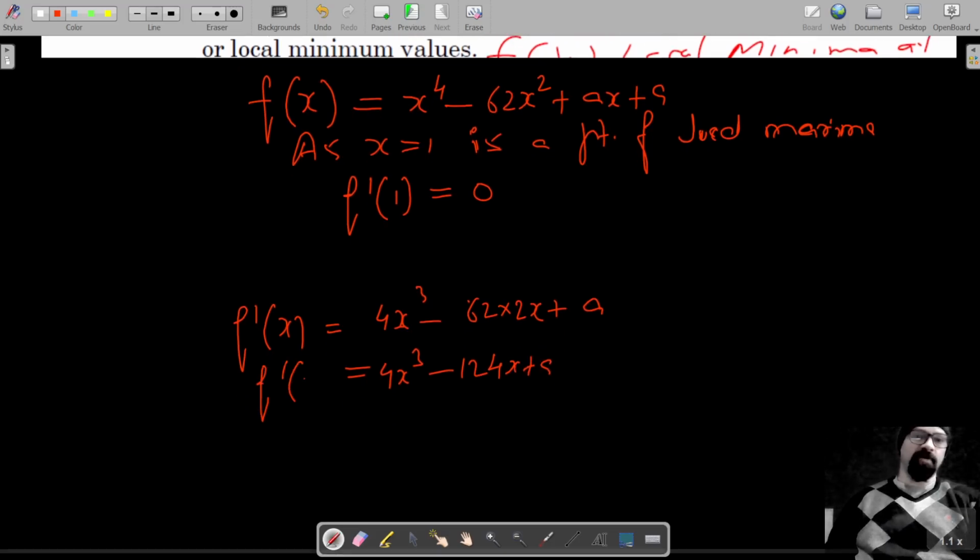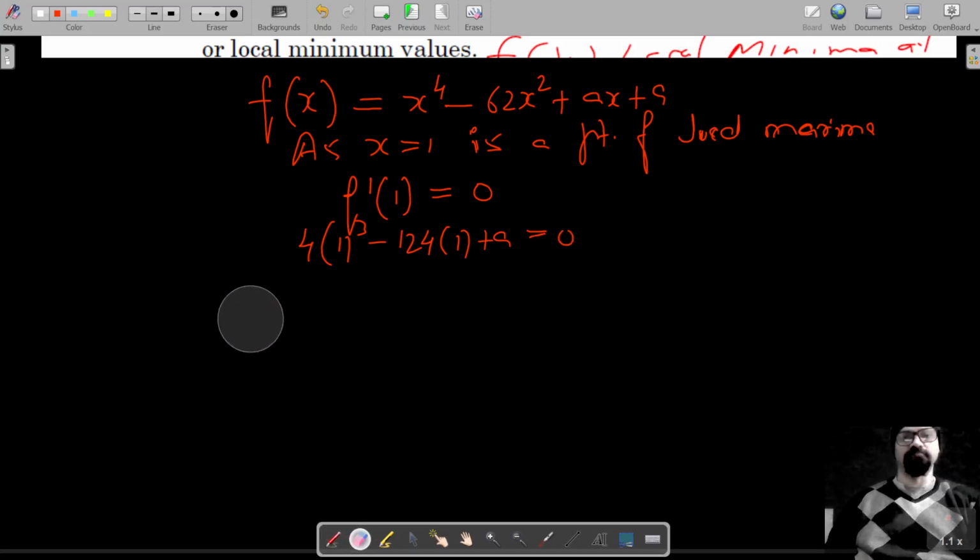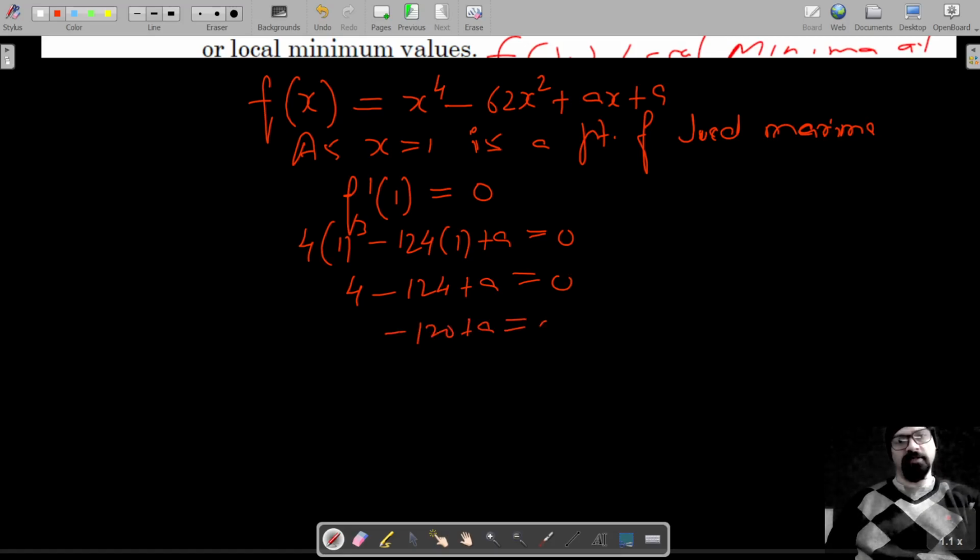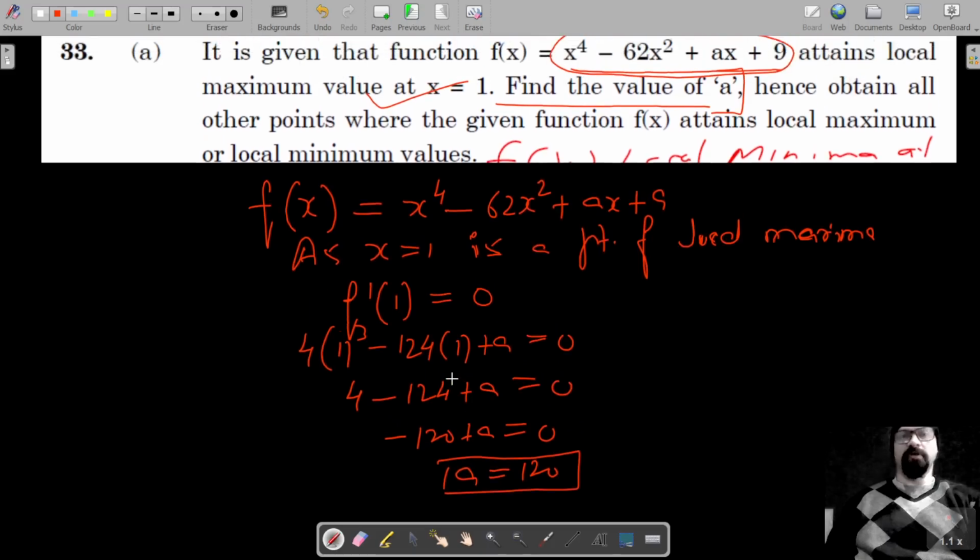Now, to find f dash 1, we substitute the value of x as 1. So this is 4 into 1 cube minus 124 into 1 plus a is equal to 0. So this is 4 minus 124 plus a is equal to 0, which is negative 120 plus a equal to 0, and a is equal to 120.